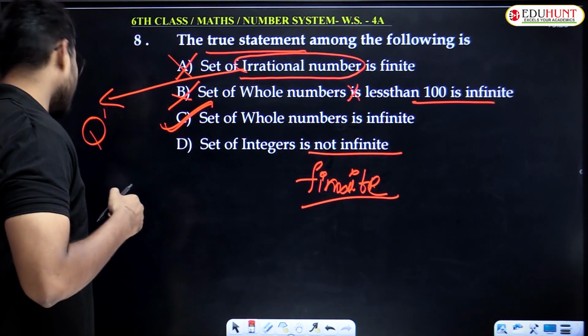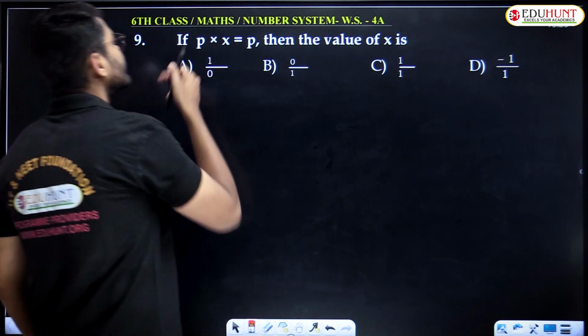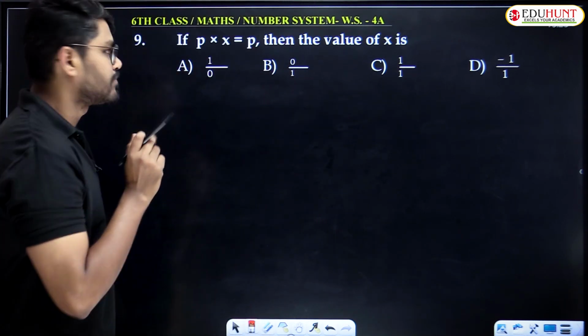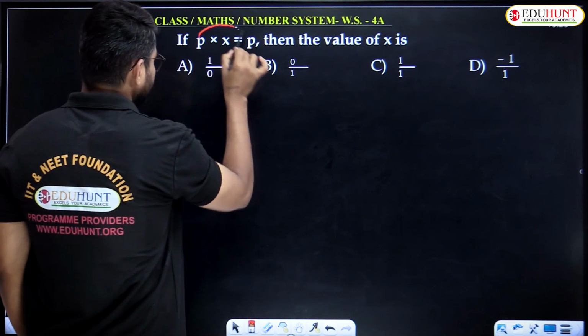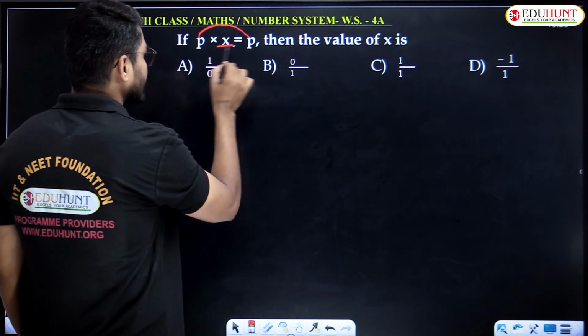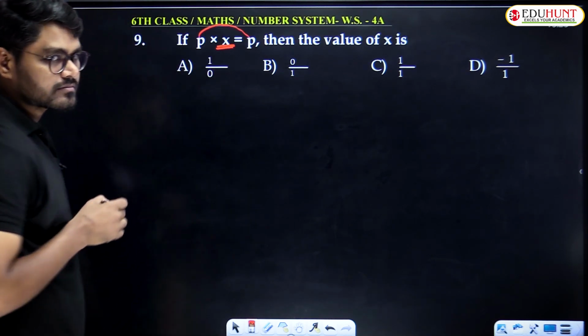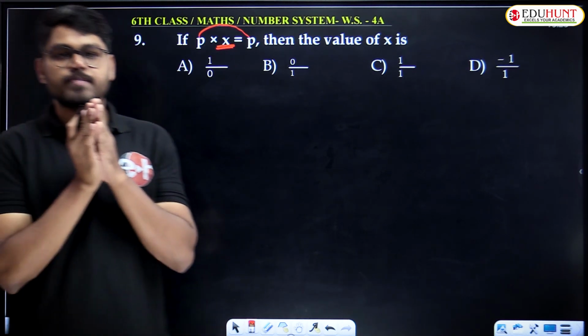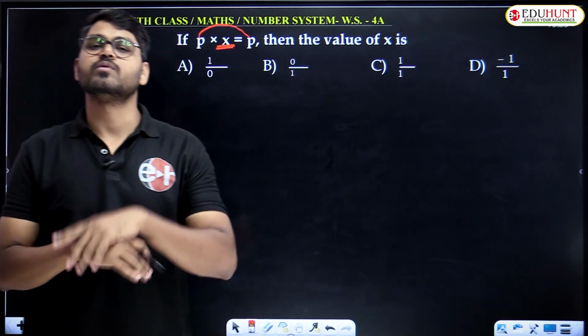Let's move on to the next question, students. If P into X is equal to P, then the value of X is. If you multiply, here check P is equal to P, you are multiplying by X. Then which number into the original number is equal to the original number?